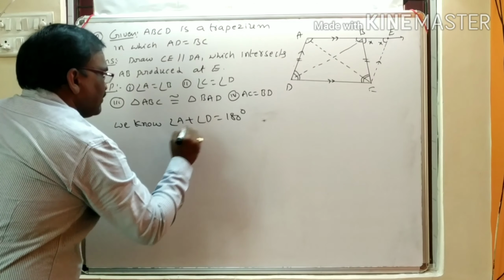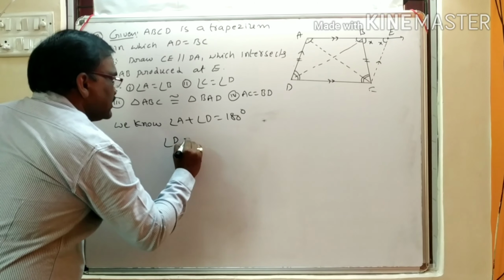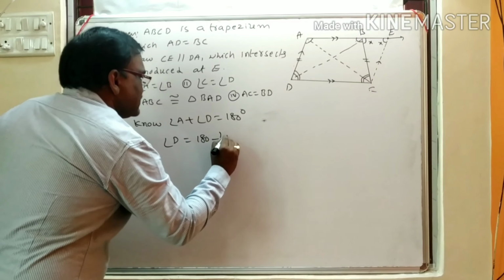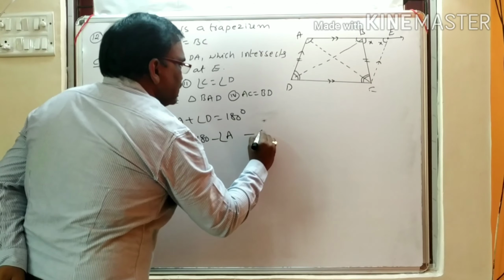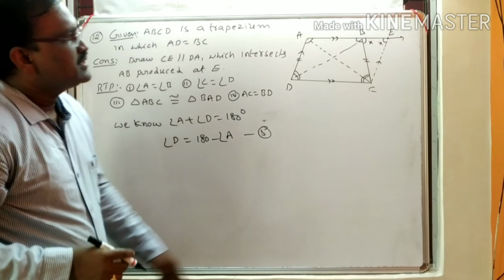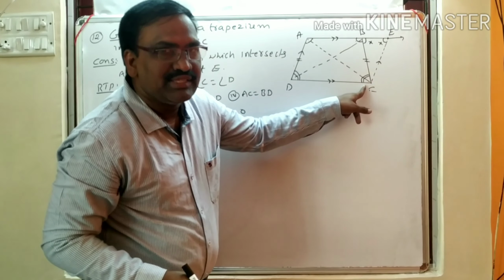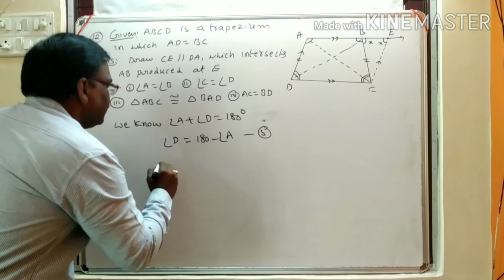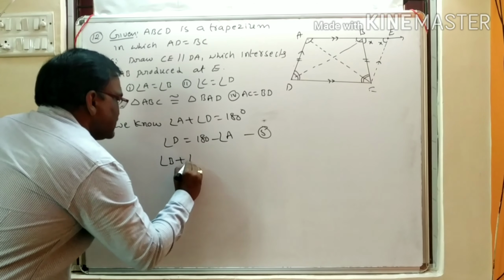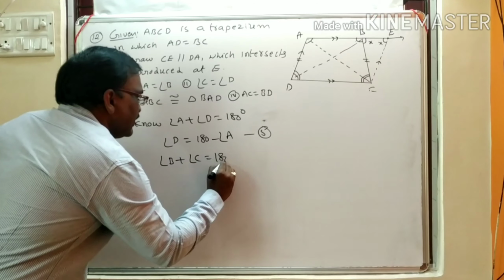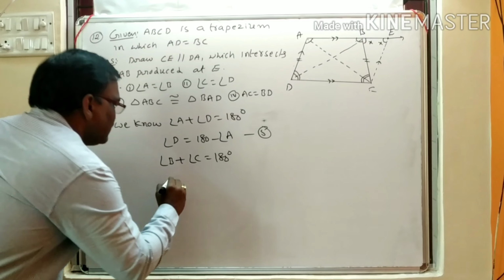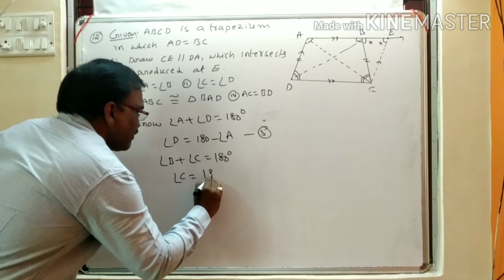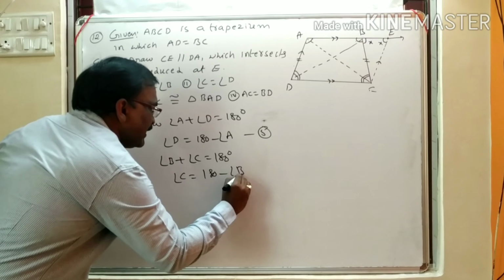From this, angle D is equal to 180 minus angle A. Similarly, angle B plus angle C is 180 degrees. From this, angle C is equal to 180 minus angle B.